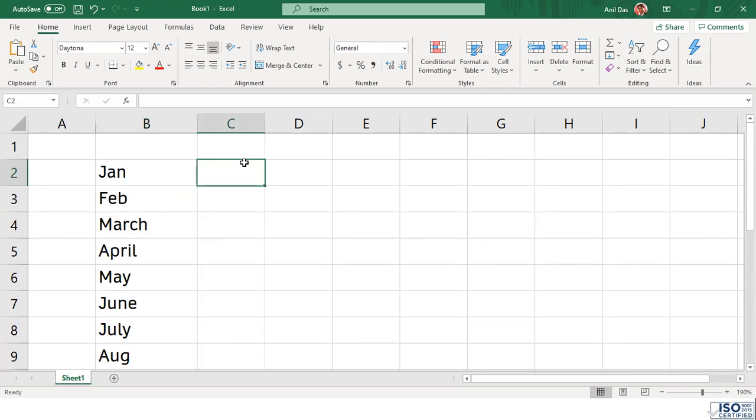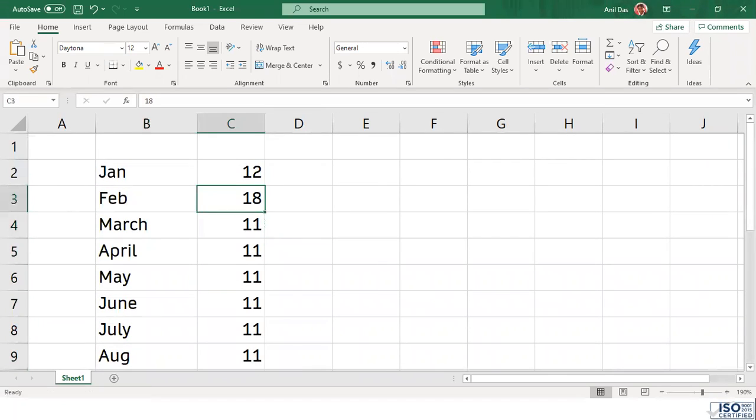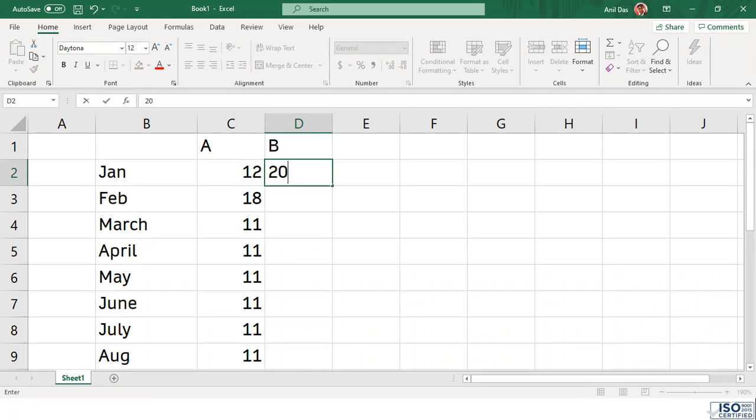Now, when I talk about these 20 people, suppose the company has employed 12 people in the month of January, 18 in the month of February, and 11 after that. If in this way they have this kind of employee count throughout the year where they have not touched 20, the PF Act will not become applicable. Take the example of another company, company B. This company has employed 20 people in the month of January.